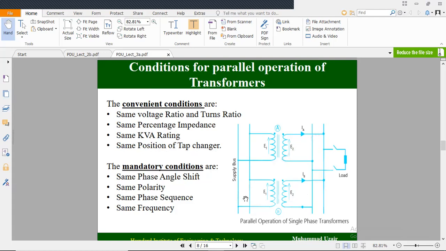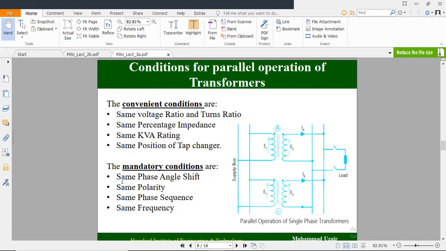So the tap changer position should be the same in both transformers, then the parallel operation would be formed.